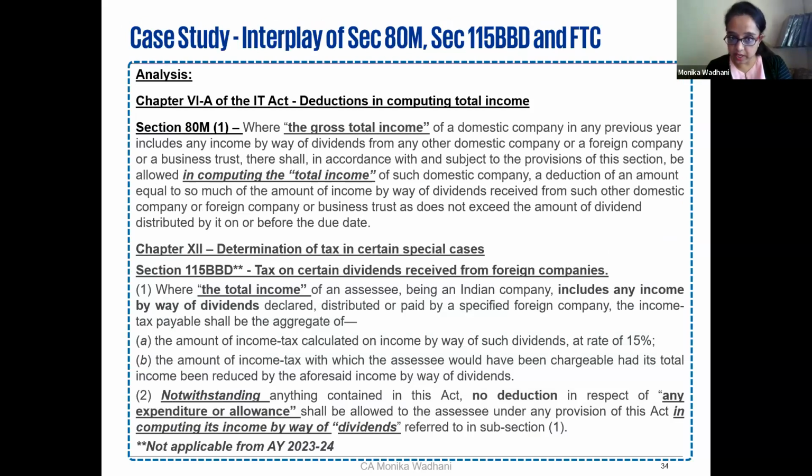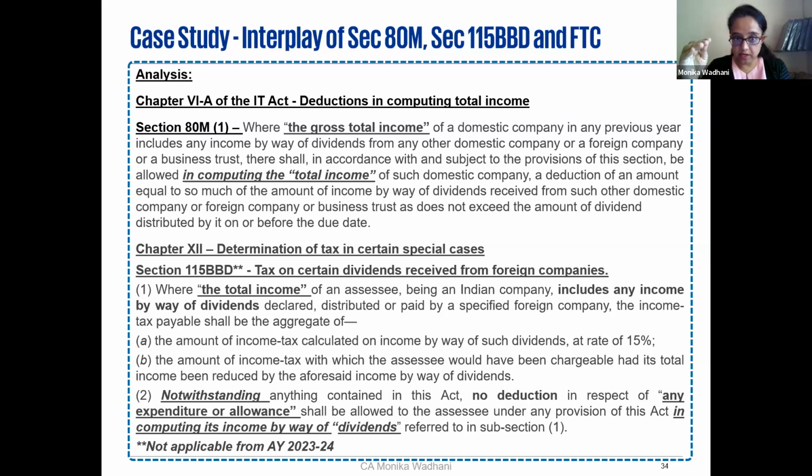So 80M reads like this: where the gross total income of a domestic company in any previous year includes any income by way of dividend from any other domestic company or a foreign company or a business trust, there shall, in accordance with and subject to the provisions of this section, be allowed in computing the total income of such domestic company a deduction of an amount equal to the amount by way of dividend received from such domestic company, which does not exceed the amount of dividend distributed on or before the due date.